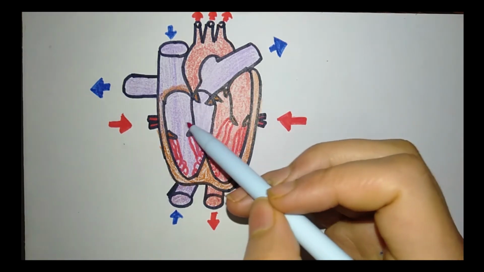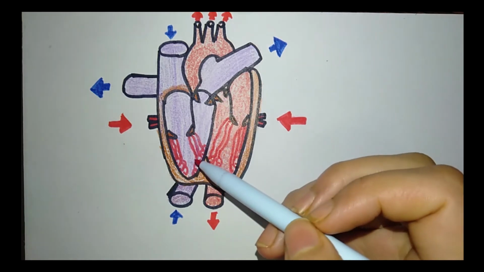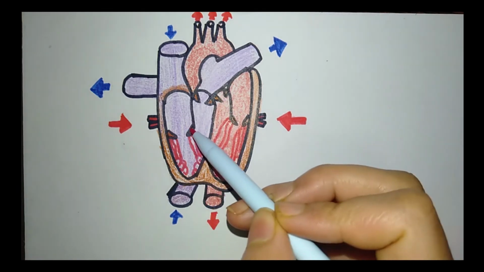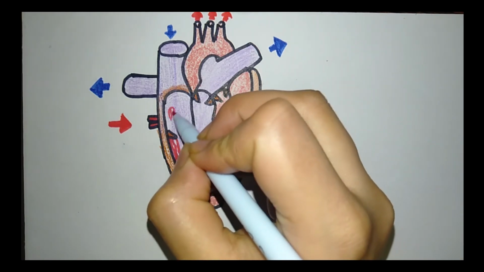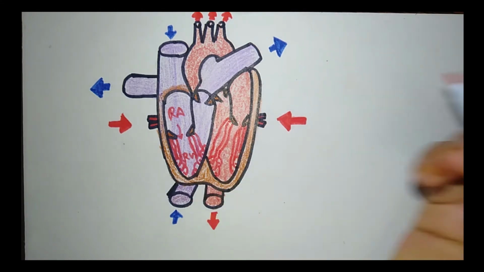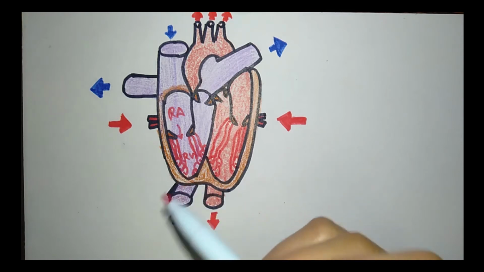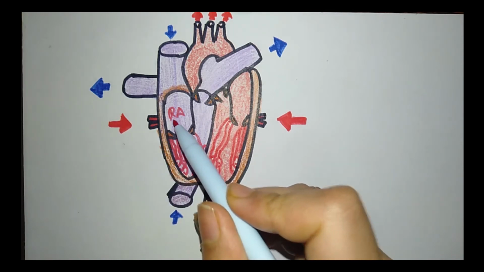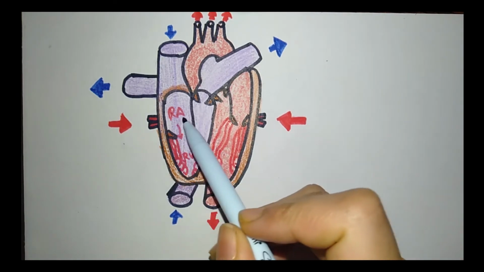Whenever there is a high amount of pressure in the right atrium in comparison with the right ventricle, it leads to the opening of this right atrioventricular valve, so that the blood from the right atrium goes towards the right ventricle. But whenever there is a higher amount of pressure in the right ventricle in comparison with the right atrium, there are higher chances of regurgitation of the blood from the right ventricle to the right atrium.